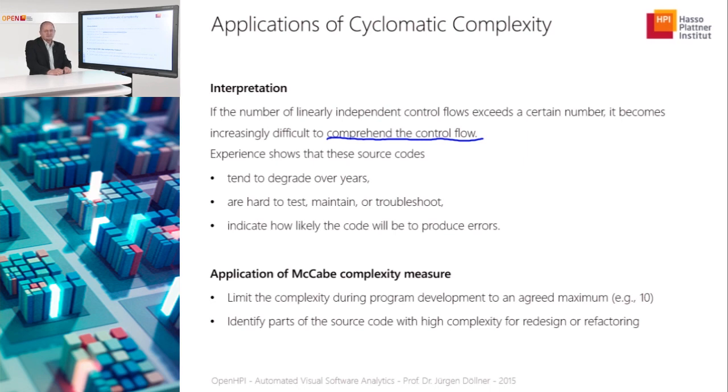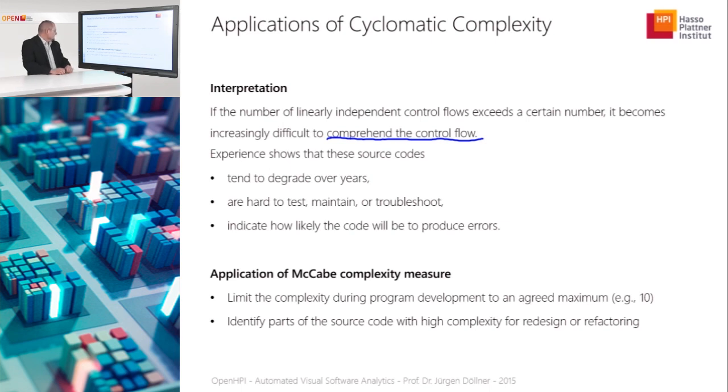It also sometimes depends on the type of software you are developing or the type of system parts that are considered. So this number can vary, but 10 or 15 seems to be, in practice, a good upper limit for cyclomatic complexity.